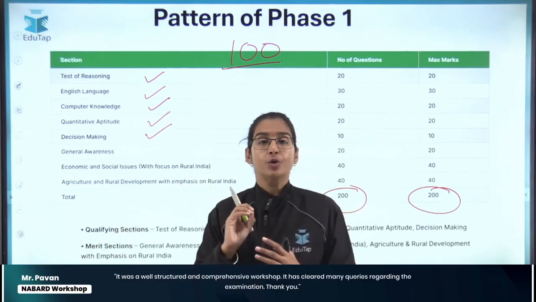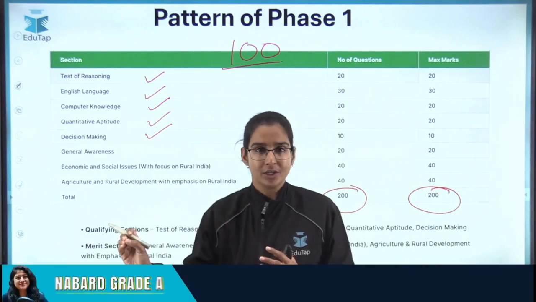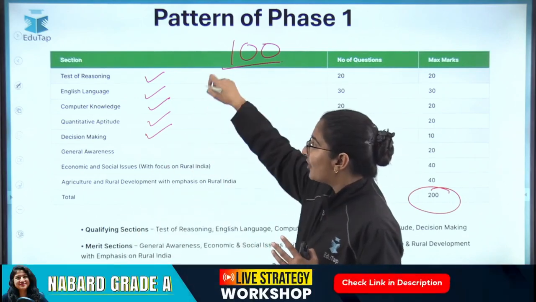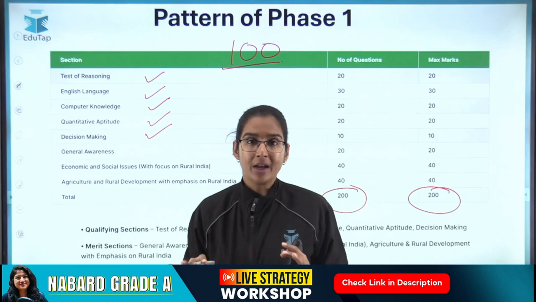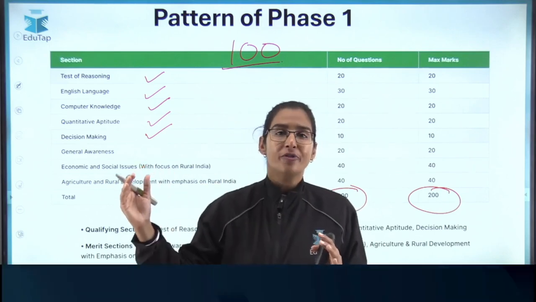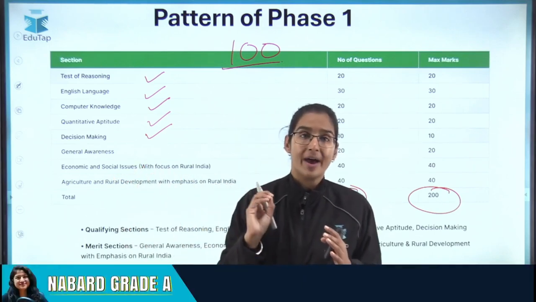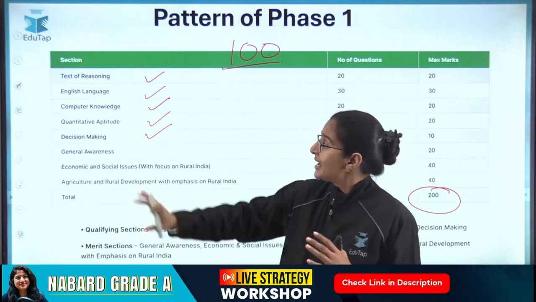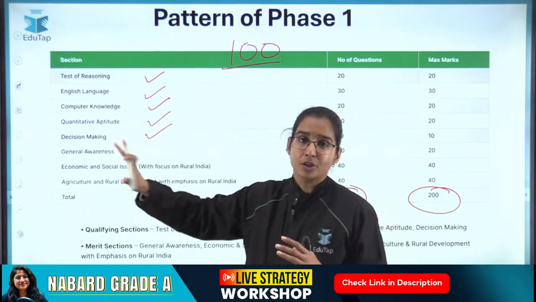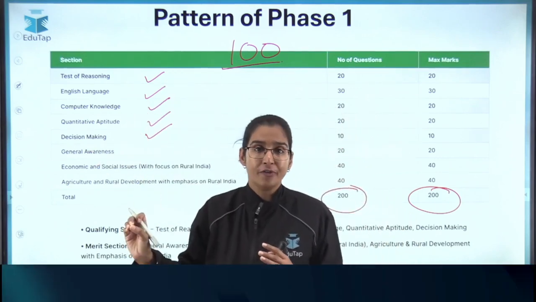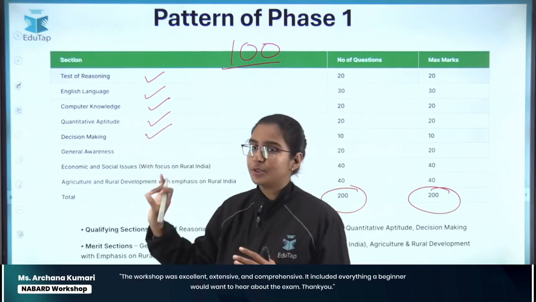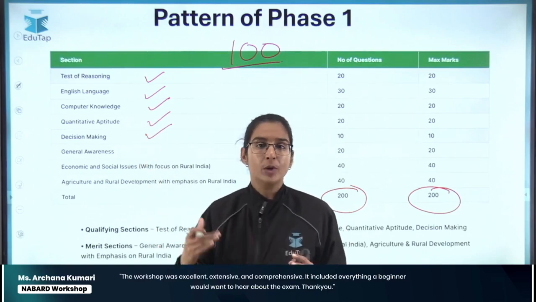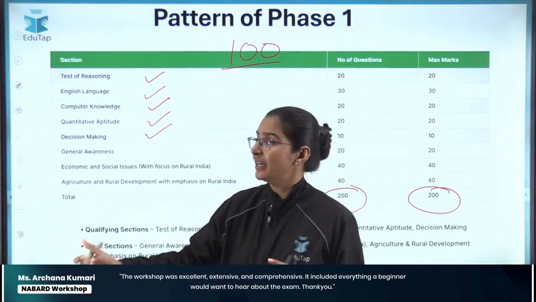In this section, you only have to clear the sectional cutoff. The marks of these 5 areas will not be counted in the merit list of phase 1, right? That is what you have to keep in mind. A very important point, these are just qualifying subjects. You just have to clear the sectional cutoff here. The marks of all these subjects will not be counted for calculating your phase 1 merit, right?